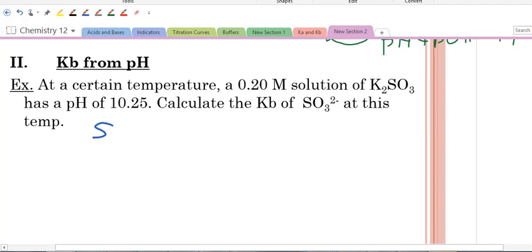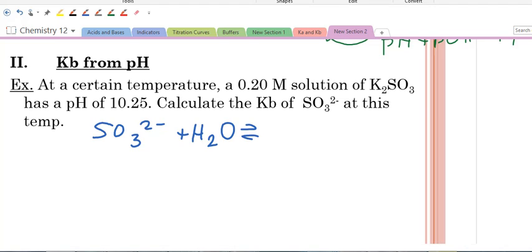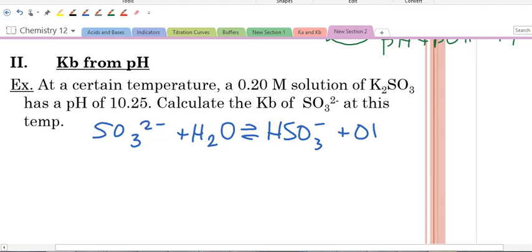So we know that if we put the SO3 2- into water, we will end up with HSO3 as the conjugate acid, HSO3-, sorry, plus the hydroxide ions. Okay, again, we need our ice table.